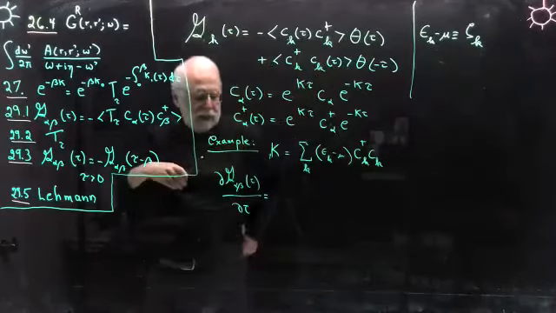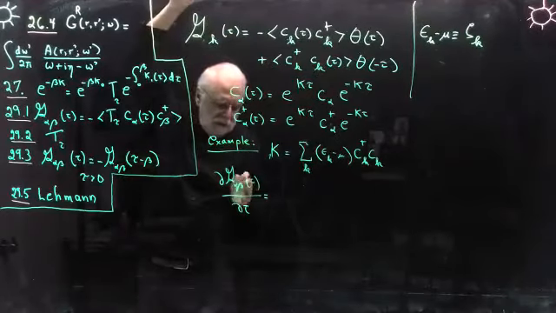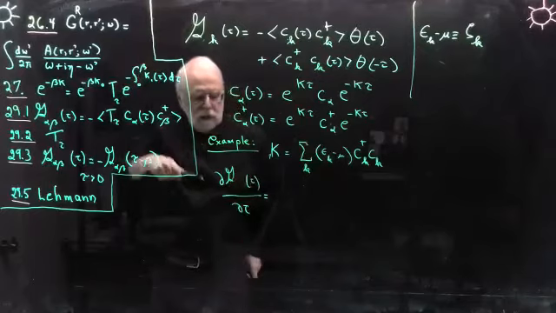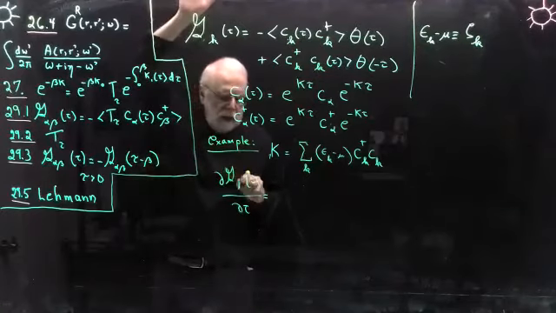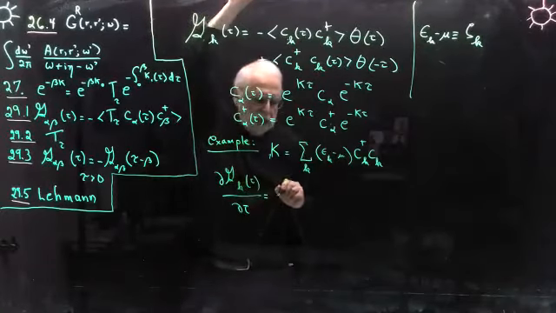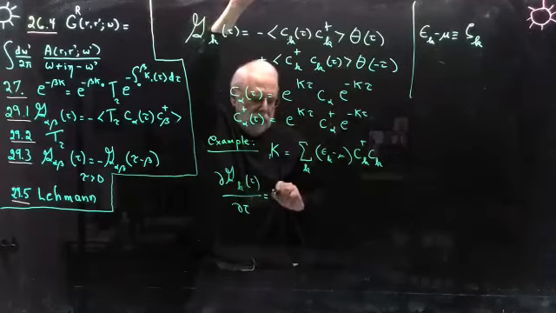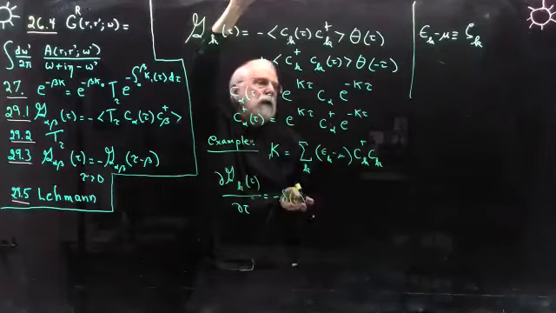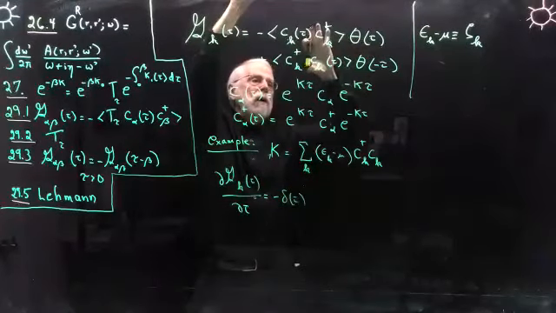And then when I take the time derivative of K, I have a first term that is minus a delta function of time, because this is now at equal time, this is just the anti-commutator.